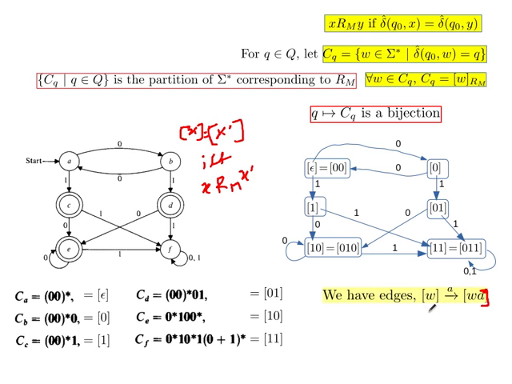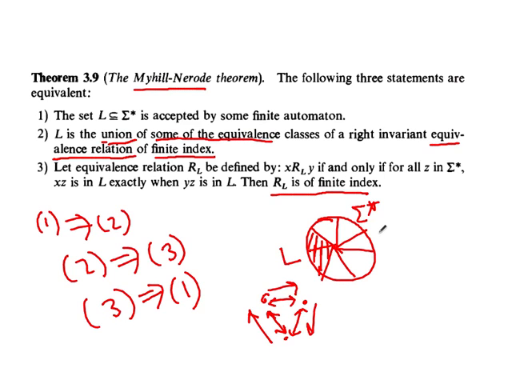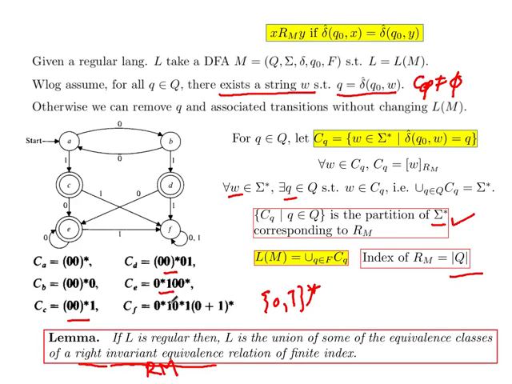So this is the transition that is there, and we will use this picture in the 3 to 1 part of the Myhill-Nerode theorem. From there we will again use this idea.